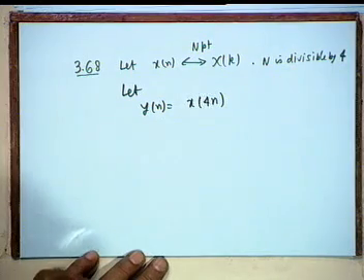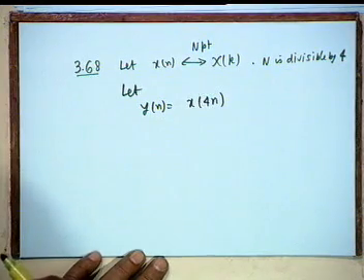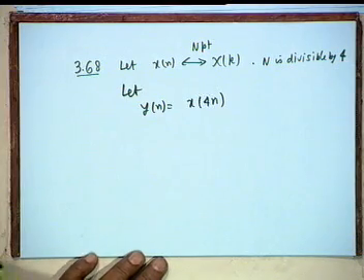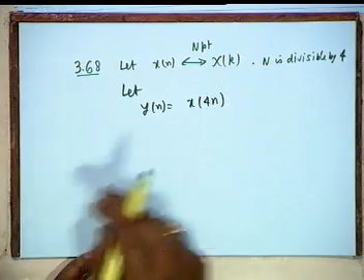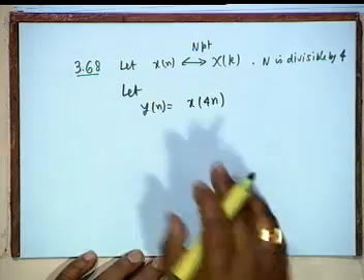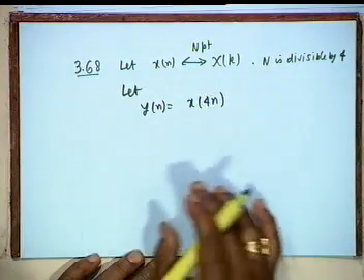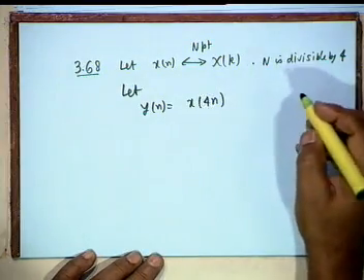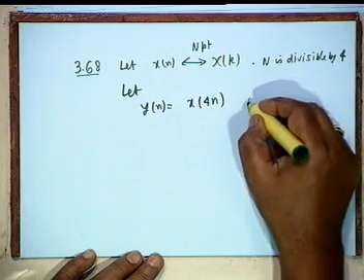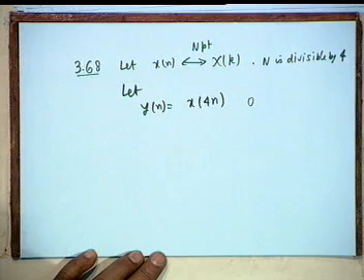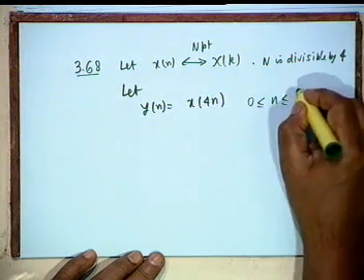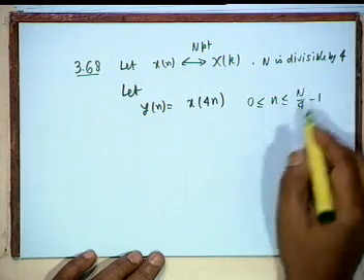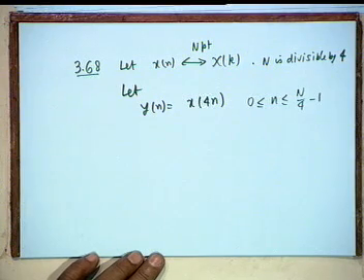This is a decimator. That is, you ignore the intermediate 3 samples. You take x of 0, x of 4, x of 8, and so on. You construct a new sequence, x of 4n, where obviously the length now shall be reduced by a factor of 4. So 0 less than or equal to n less than or equal to N by 4 minus 1. That is why N was divisible by 4. Okay?